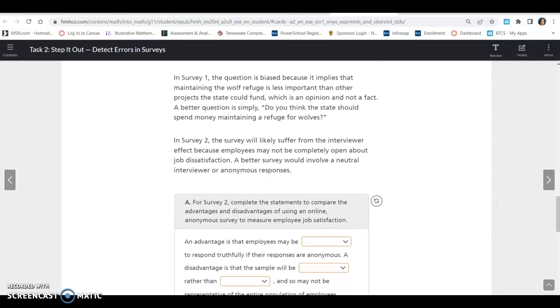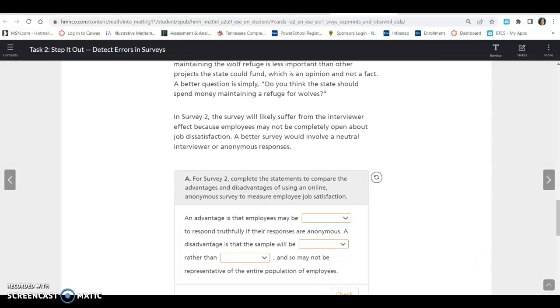All right, so it says in Survey 1, the question is biased because it implies that maintaining the wolf refuge is less important than other projects the state could fund, which is an opinion and not a fact. A better question is simply, do you think the state should spend more money maintaining a refuge for wolves? Again, don't bring anything else into the picture.